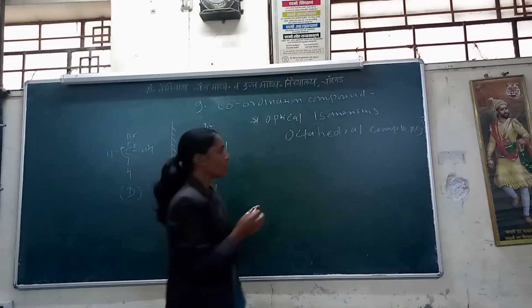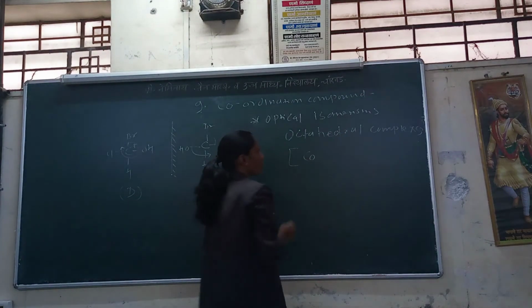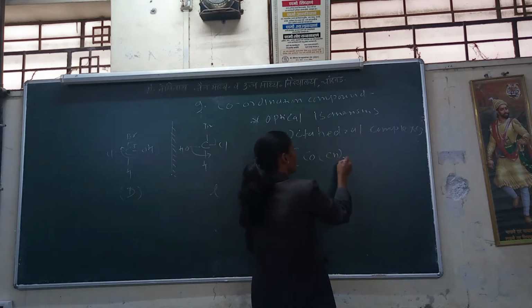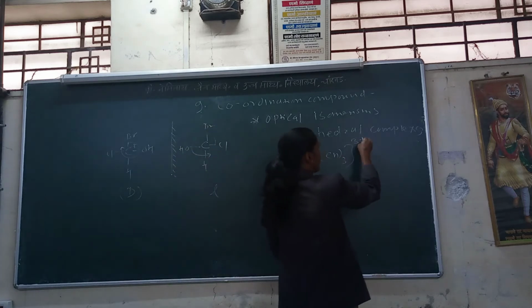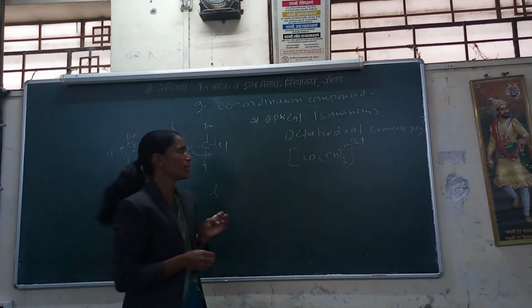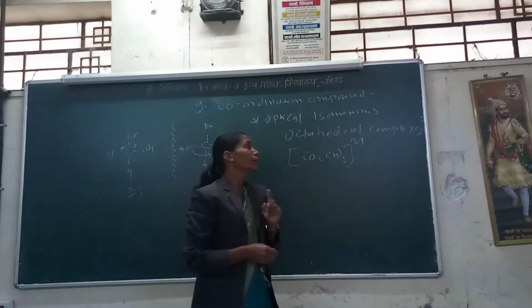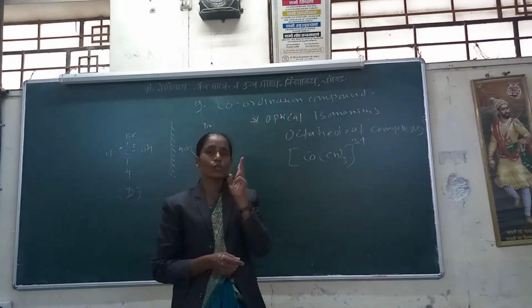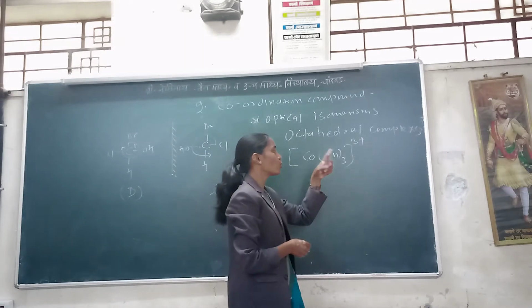For example, one example of these octahedral complexes: the central metal is cobalt with En3, in brackets, and the net charge is +3. En means ethylene diamine, 3 times. One ethylene diamine has 2 donating groups, meaning one ligand makes 2 bonds.